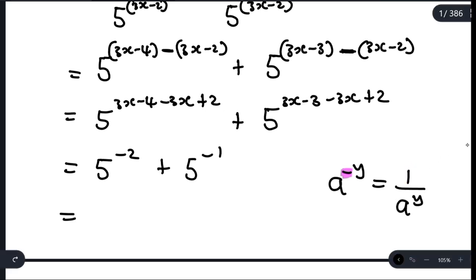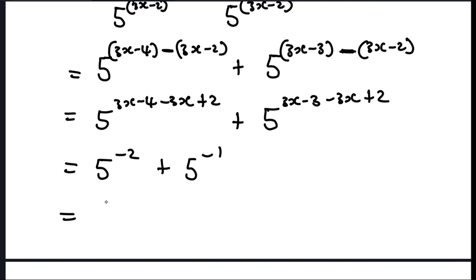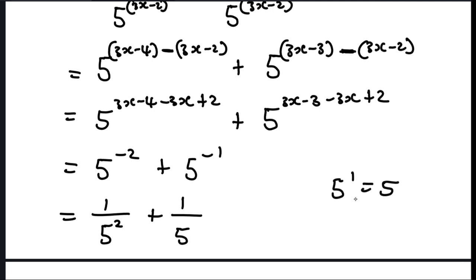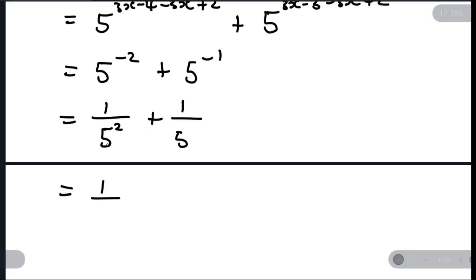That negative sign becomes 1 over, then whatever you have left, the base and the power. This right here is going to be 1 over 5 raised to the power of 2, plus 1 over, because of this negative index again, 5 raised to the power of 1. You can just not write 1 because 5 raised to the power of 1 is the same thing as 5. So this is equal to 1 over 5 squared, which is 25, plus 1 over 5. Now we can simplify further.